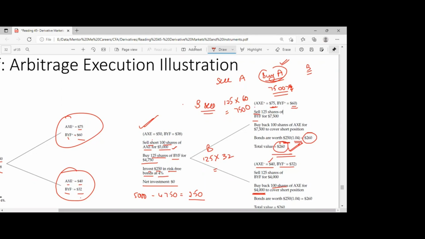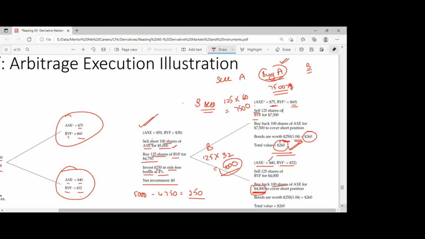Please calculate. 4,000. So 125 into 32 is 4,000. So we'll get 4,000 by selling B company stock, which we had purchased earlier. We'll utilize this 4,000 to buy A company जिसके हमने पहले शॉर्ट सेल करे थे. अभी उस शॉर्ट कवरिंग को हमने कवर किया है because of which we needed 4,000. ये 4,000 आपस में nullify हो गए.